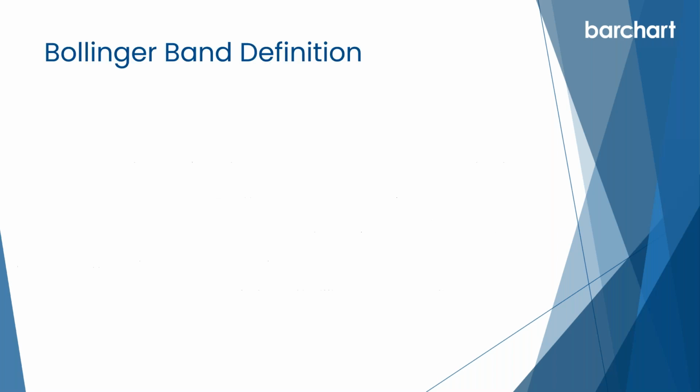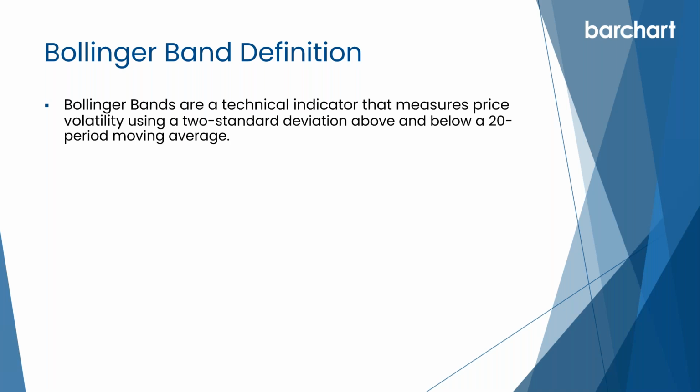Okay, so Bollinger Band definition. Bollinger Bands are a technical indicator that measures price volatility using two standard deviations above and below a 20-period moving average. Now, just understand that whatever time frame we're using on our chart, and we're using Bollinger Bands, typically folks will use Bollinger Bands in the daily time frame.